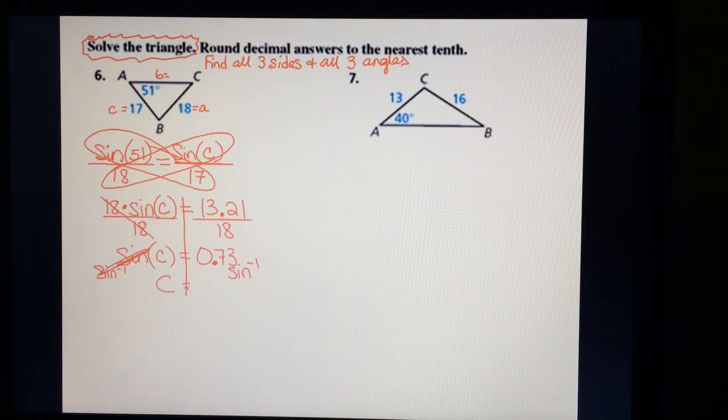Okay, so that's angle C. Now, even though I've written this backwards, hopefully you know from the previous lesson that you have to hit sine inverse first in the calculator by hitting second and sine, and then say sine inverse of 0.73. And that should give you 46.89. This is an angle, so this is in degrees.